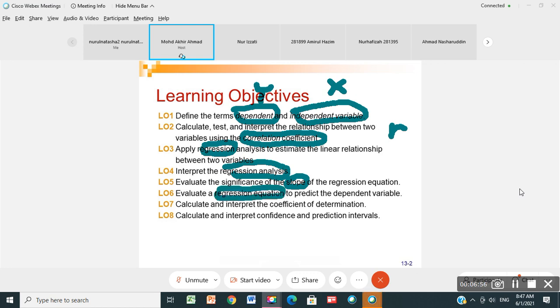Then we study about the coefficient of determination, or we call R square. So R square, R power by 2, they call coefficient of determination. Then lastly, we do comparison between the confidence interval and the prediction interval. We use whether it's confidence interval or prediction interval to interpret our model fit.